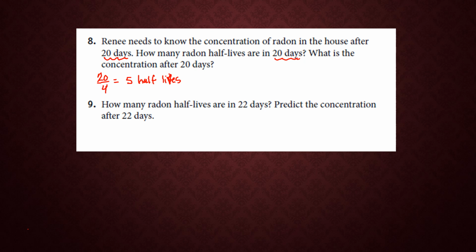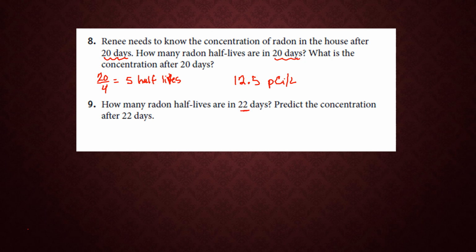We had already gone up to 3 half-lives, so we're going to go 2 more half-lives. At 3 half-lives, the concentration was down to 50. So then it would go to 25, and then it would go to 12.5 picocuries per liter.